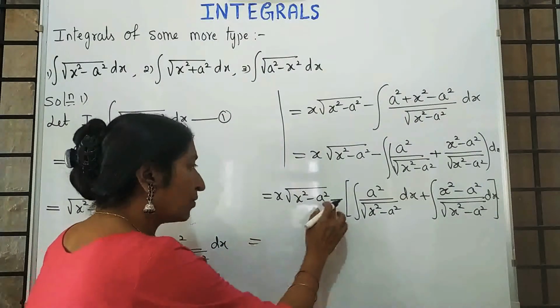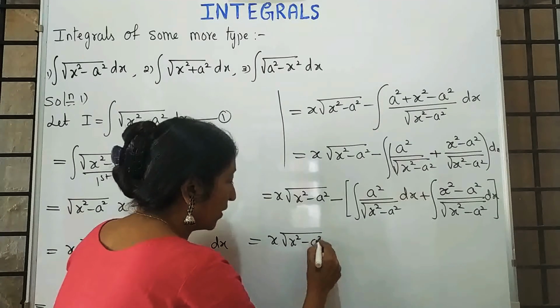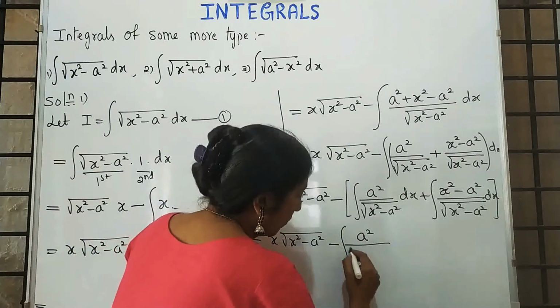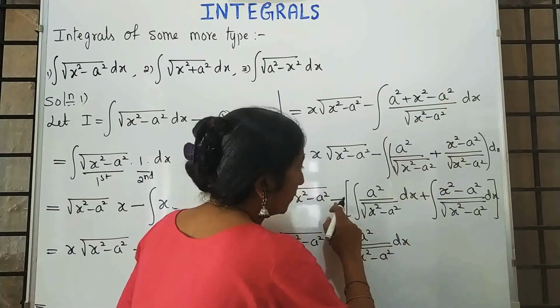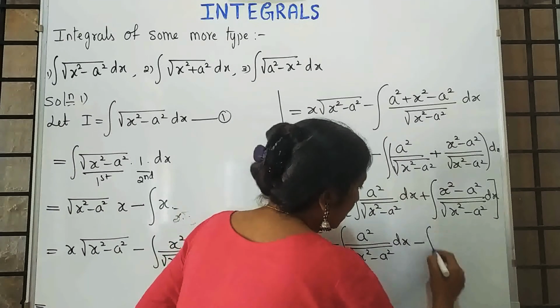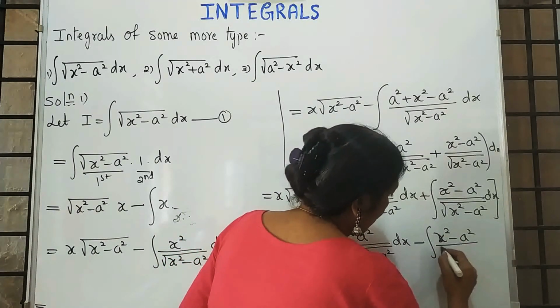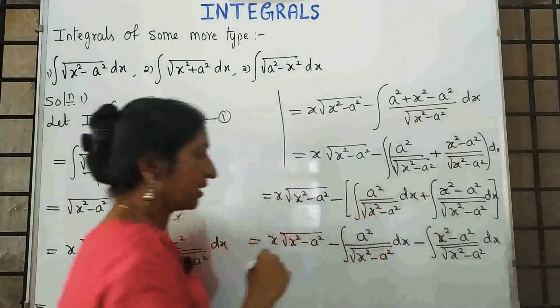After that, I took minus inside: x into root of x square minus a square minus integration a square upon root of x square minus a square into dx. Minus into plus is minus x square minus a square upon root of x square minus a square into dx.